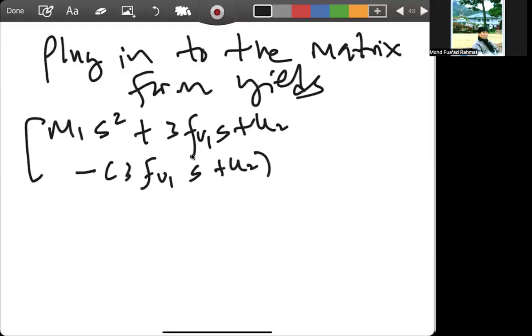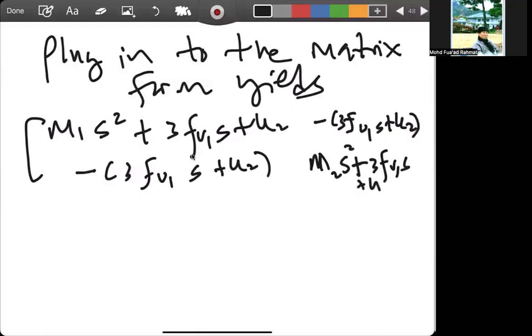Minus 3 FV1 s plus K2. This one will be M2 s squared plus 3 FV1 s plus K1 K2.